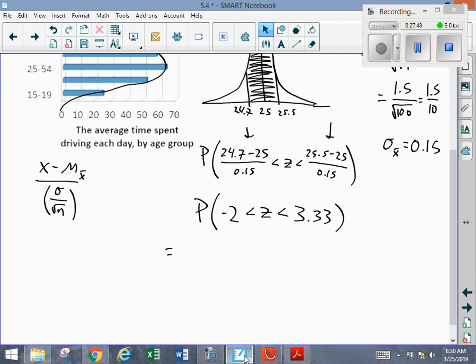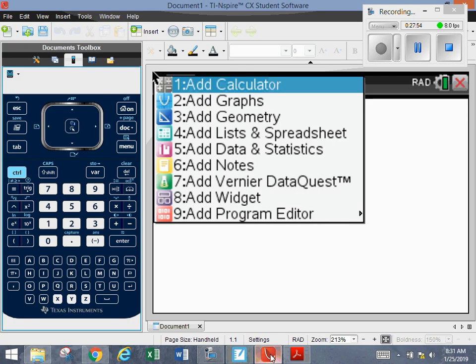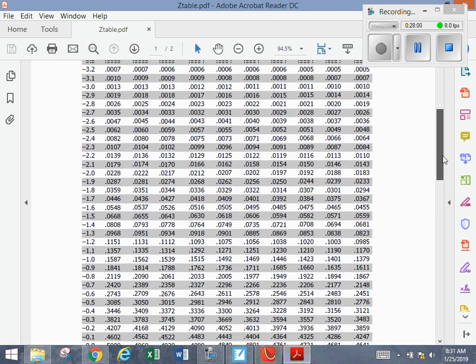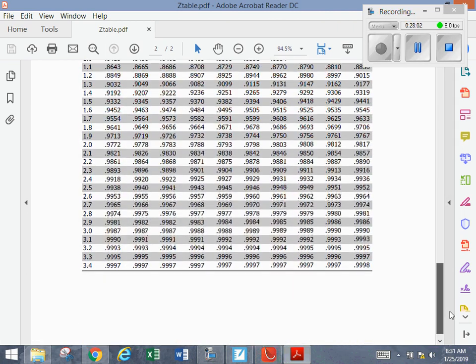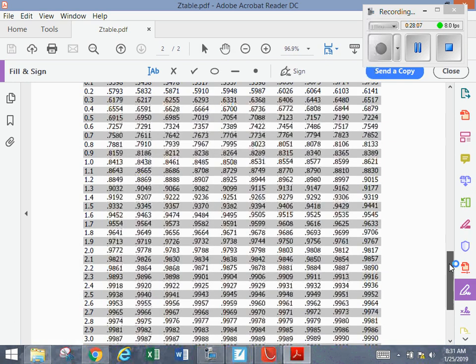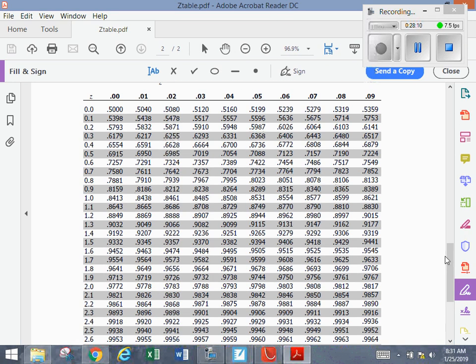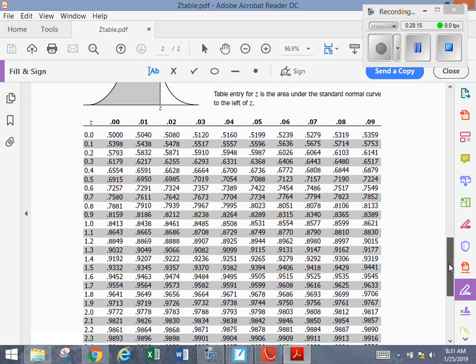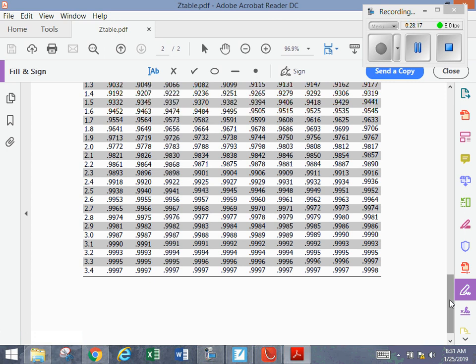It's probably going to be very large. 3.33 positive, right? So that is 0, 1, 2, 3. 0.9996.